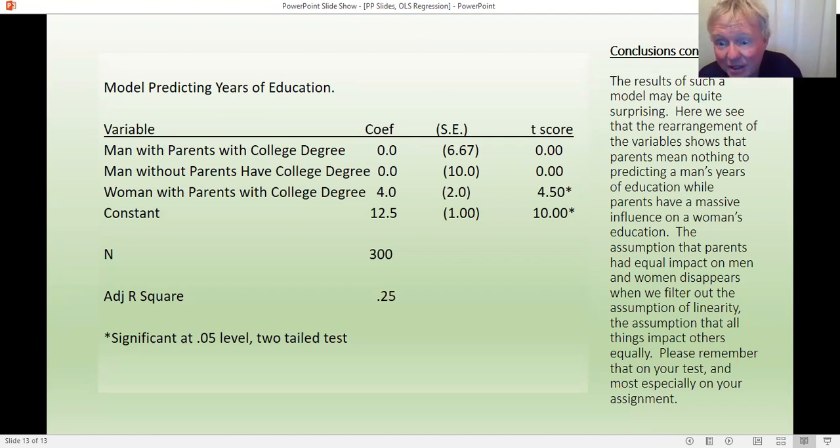But when we do it like this, we find, oh, all of a sudden, look, it's women who are affected by their parents, not men. So this is a great way for regression to allow you to throw away that assumption of linearity and see what's going on. So know this for your test and know this for your assignment going forward.